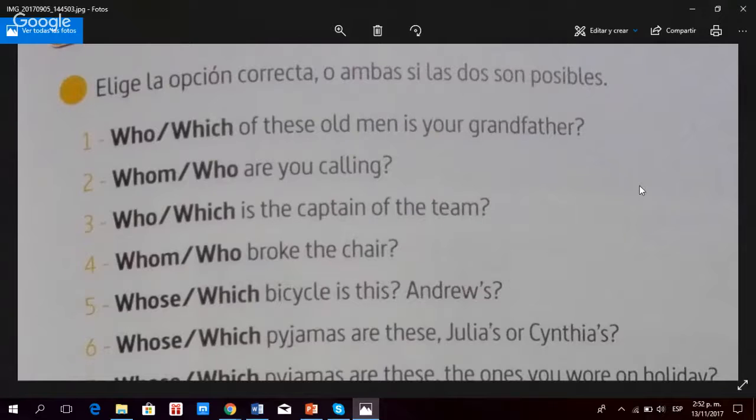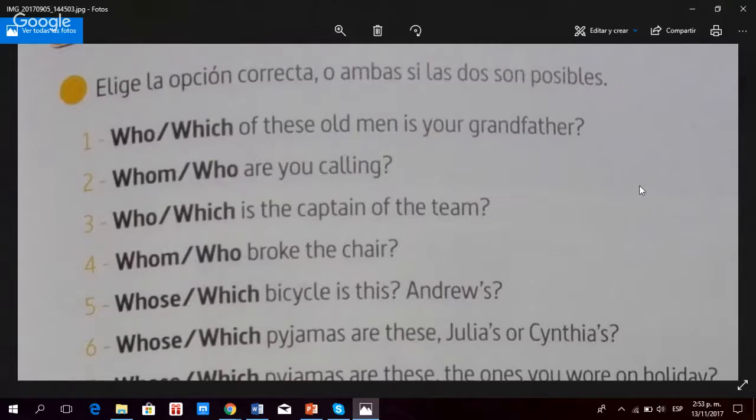Who broke the chair? Who or whom? What's the right answer? I think who. Because you say, who broke the chair?